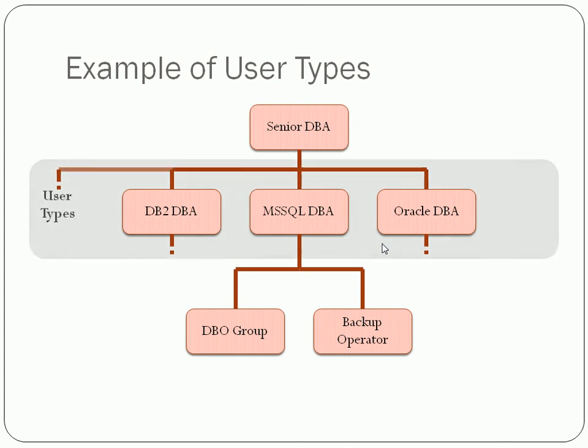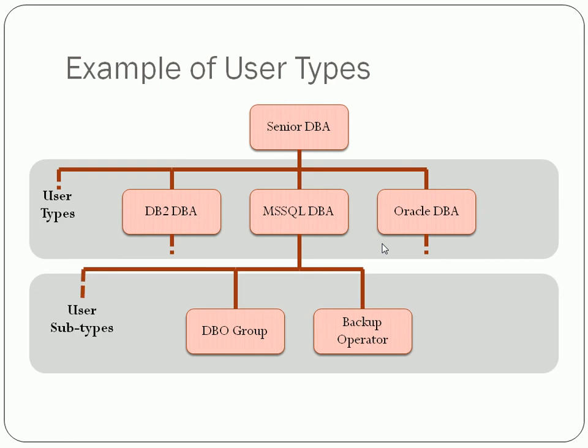But on the top there, these are all user types, and then our book talks about user subtypes. So the idea here that what they're trying to show you is inheritance, that a backup operator could inherit the user permissions and technical controls and policies that would exist for a Microsoft SQL Server DBA, and they would inherit all of their stuff from the senior DBA. So a senior DBA would have certain levels of permissions and access, and then an MS SQL DBA would have a subset of that, and then the DBO group and the backup operator would have a subset of that in the user subtype.